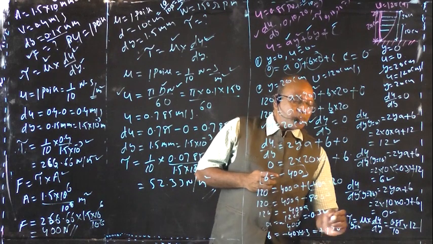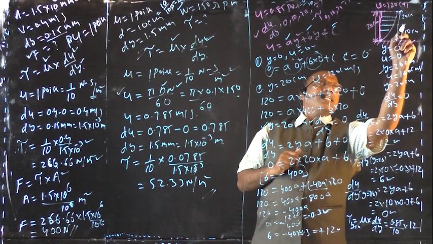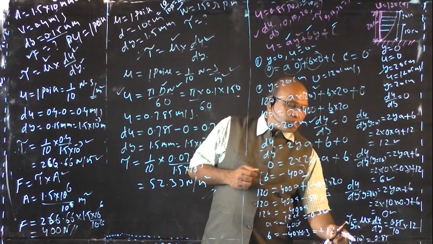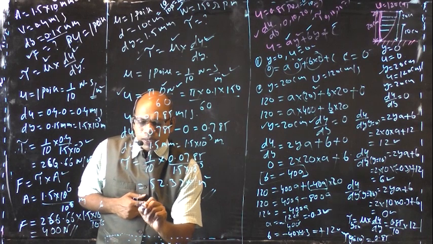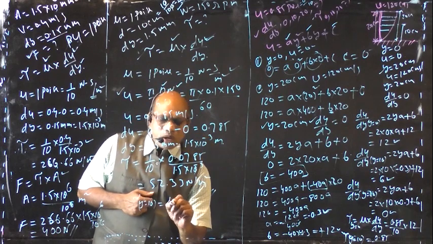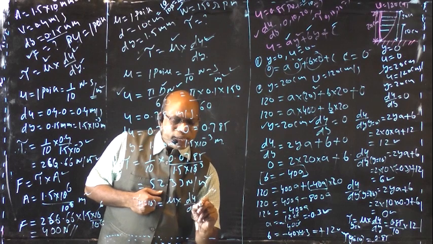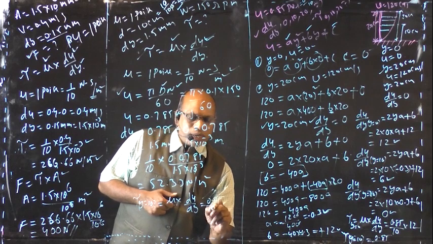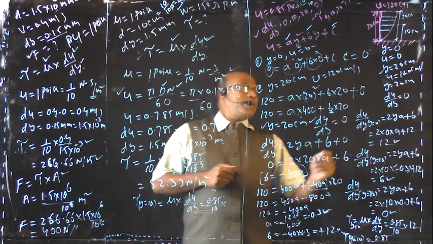Right. Now we are going to determine the shear stress at y is equal to 10. That means here, what is the shear stress? Shear stress at y is equal to 10 is the same formula, mu into du by dy, that is equal to 0.85 divided by 10 into du by dy at y is equal to 10.